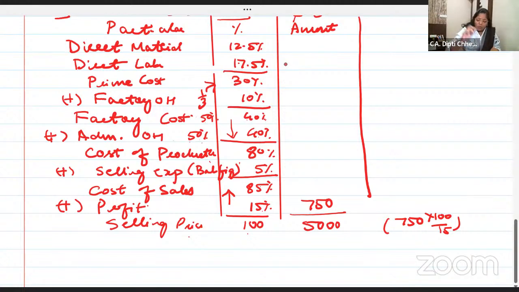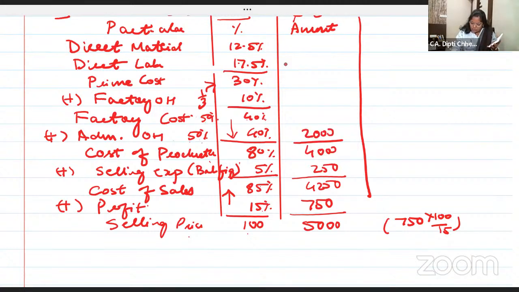85% of, now you know what you should do to save your time in the exam. Put 5000 in M plus, in memory plus. 85% of 5000, 4250. 5% of 5000, so from memory you can recollect and do. So this is 4000, so half of it, this is 2000.